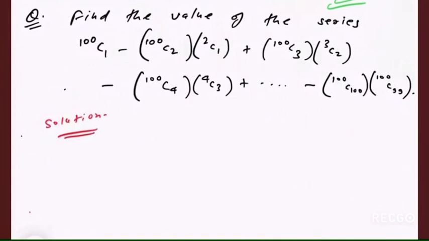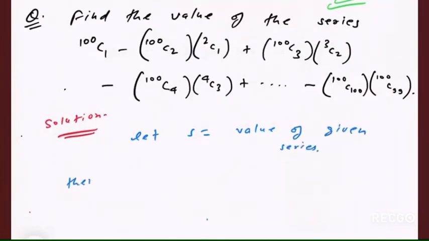But in 2C1, if we expand (1 - x) or (1 + x) whole squared, 2C1 is the coefficient of x to the power 1. So the coefficient of x to the power 98 is 100C2, and x to the power 1 is 2C1. So again x to the power 99 overall.